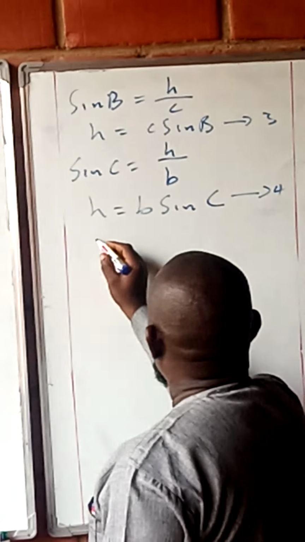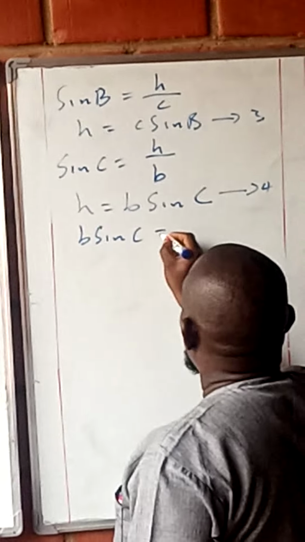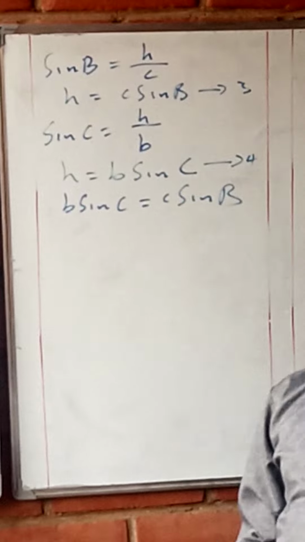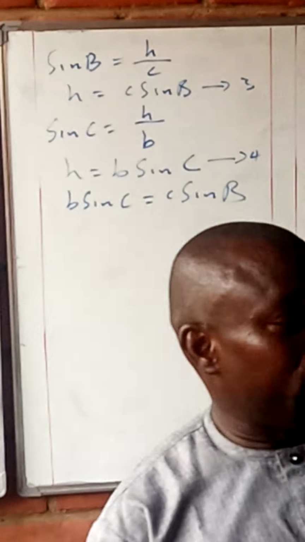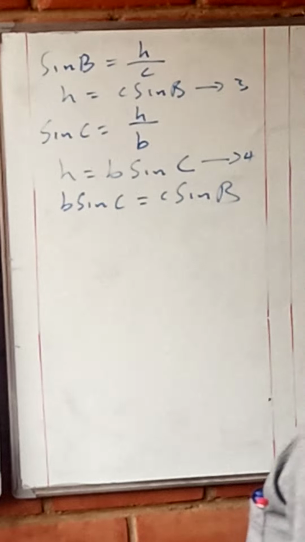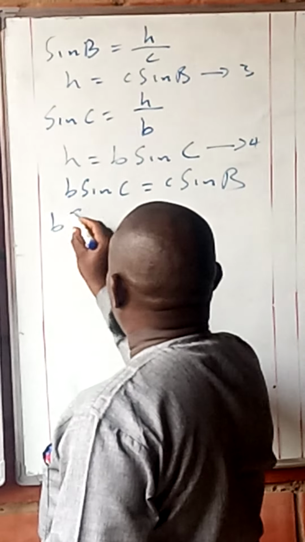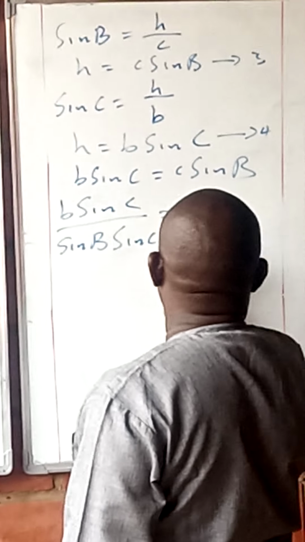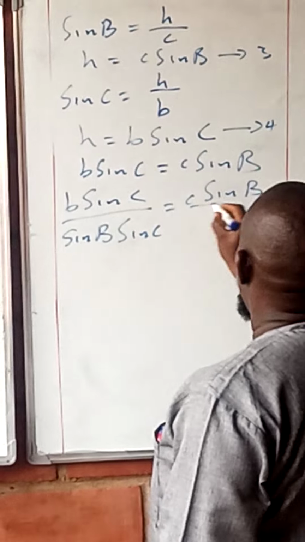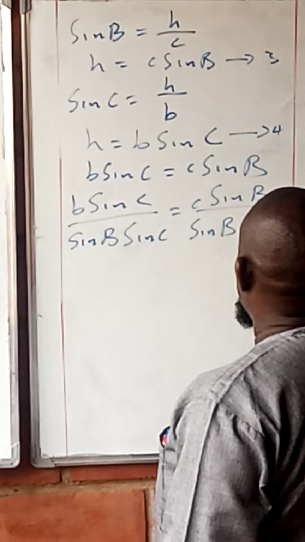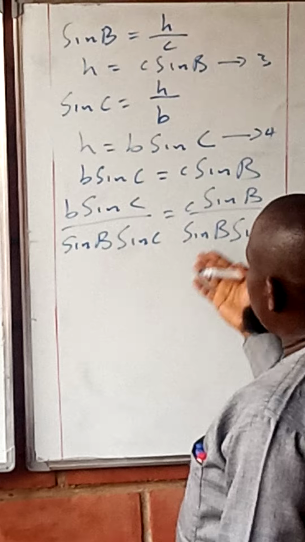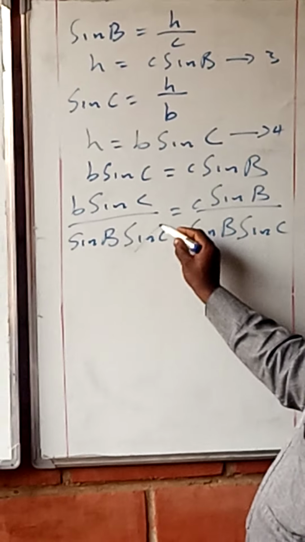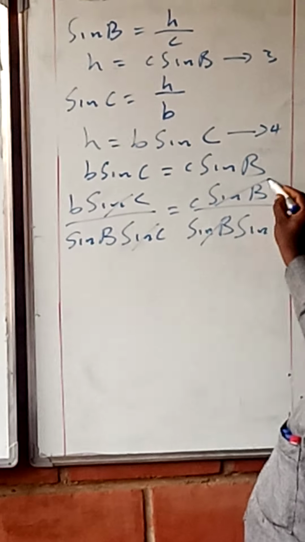So you have b sine C equal to c sine B. Therefore, in order to get what you are looking for, you divide both sides by sine B sine C. You have b sine C over sine B sine C equal to c sine B over sine B sine C. You just cross out sine C here, sine C here, sine B here, sine B here.